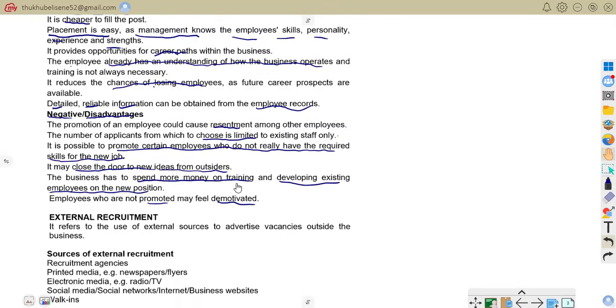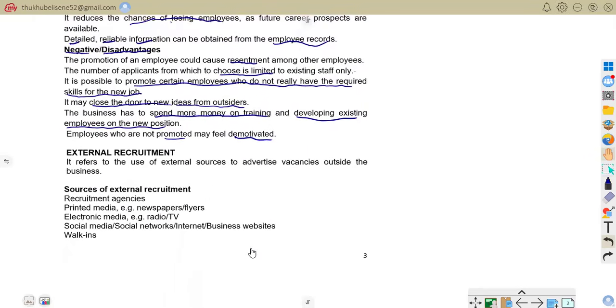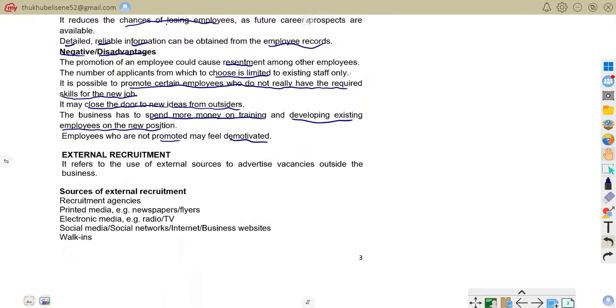So now let us move on to external recruitment. External recruitment refers to the use of external sources to advertise a vacancy outside the business.